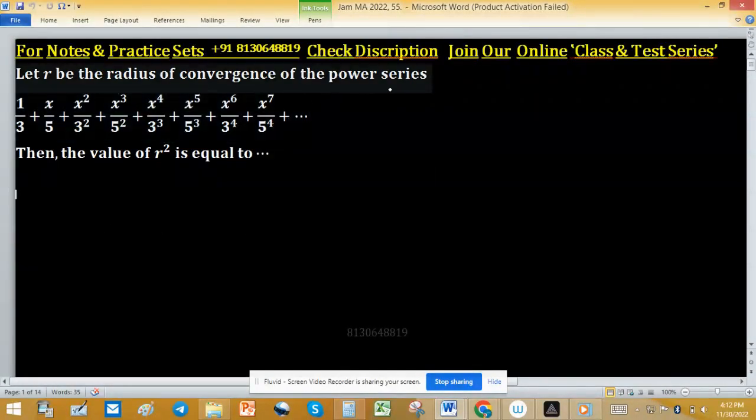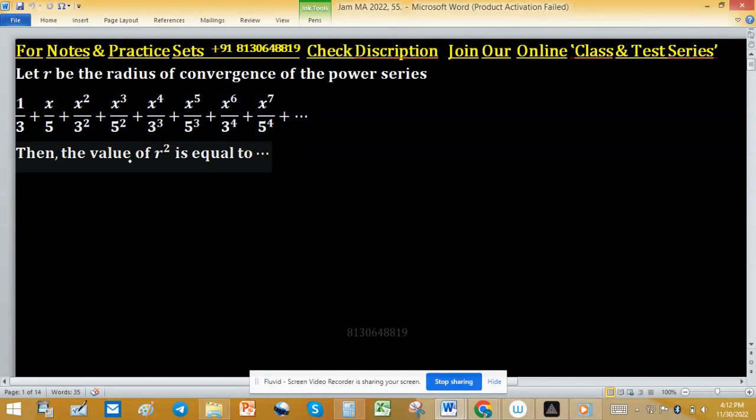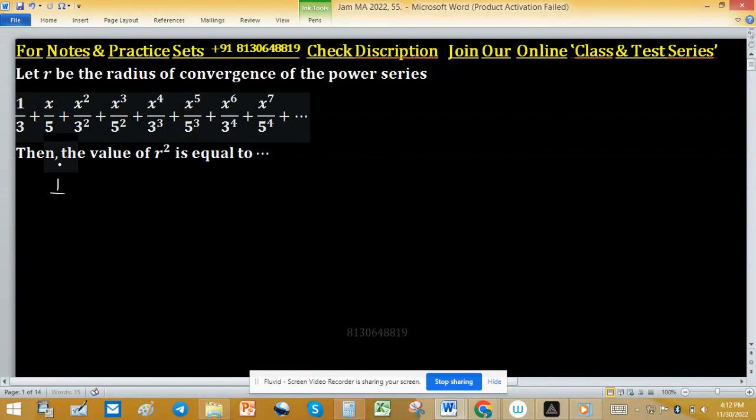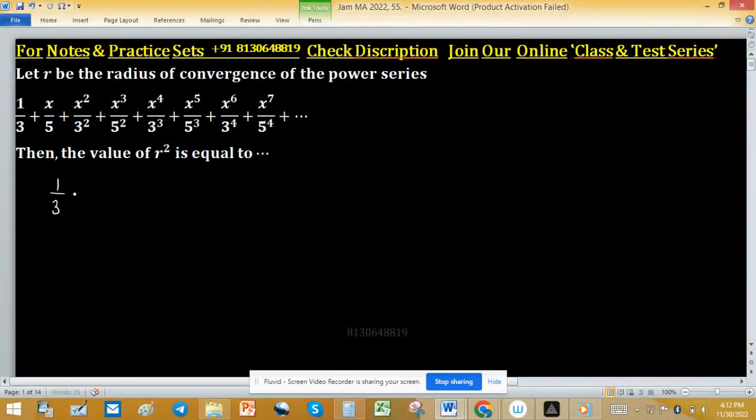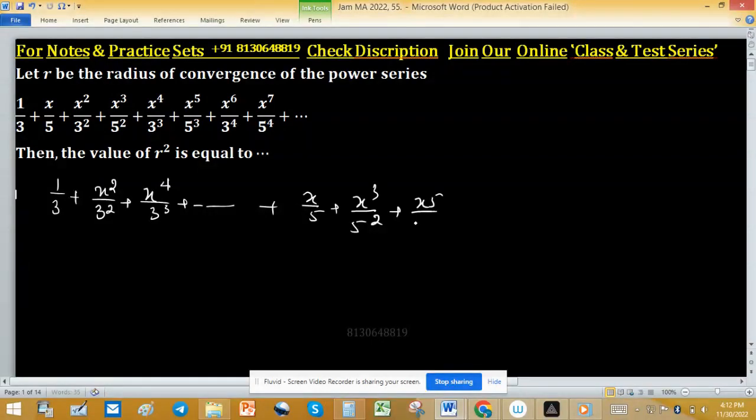Let R be the radius of convergence of the given power series, then the value of R square is equal to what? So for this series, first we break this series into two subseries. 1 upon 3 plus x square upon 3 square plus x raised to the power 4 upon 3 cube, and so on, plus x upon 5 plus x cube upon 5 square plus x raised to the power 5 upon 5 cube, and so on.